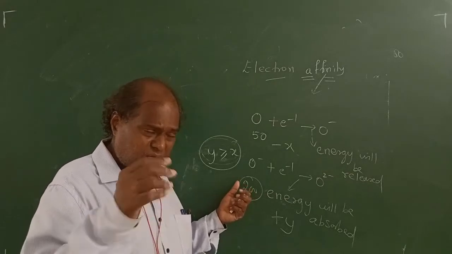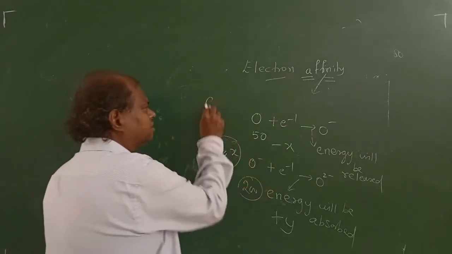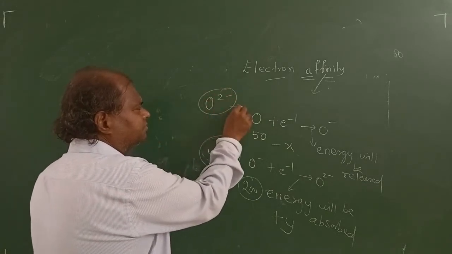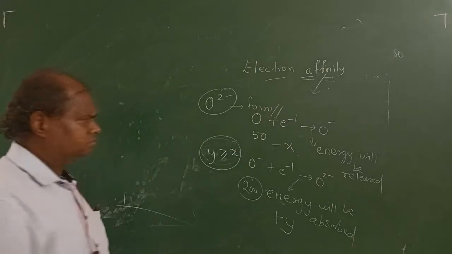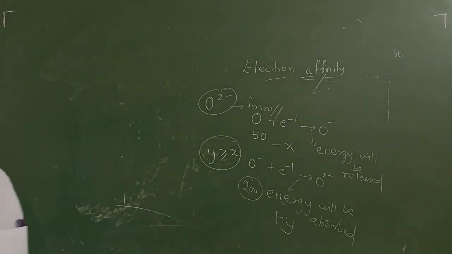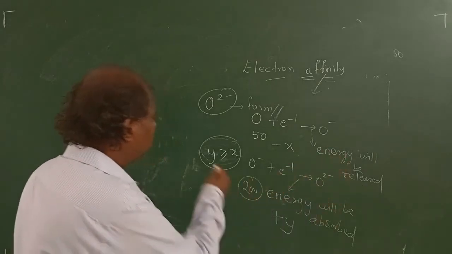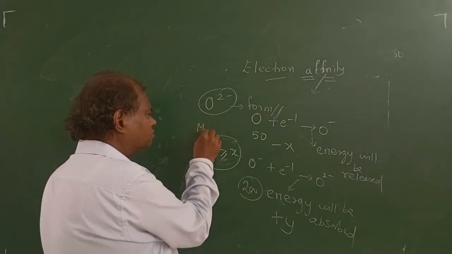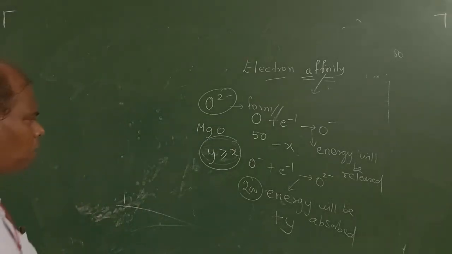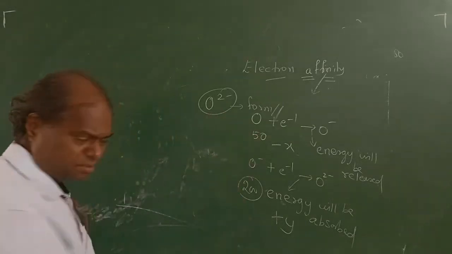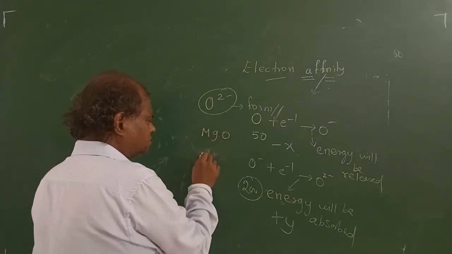Okay. Then a question will come to your mind: sir, you are telling that O2 minus is very difficult to form. You have to supply energy, right? But sir, there are many compounds which contain O2 minus, like MgO, Na2O, lithium oxide.